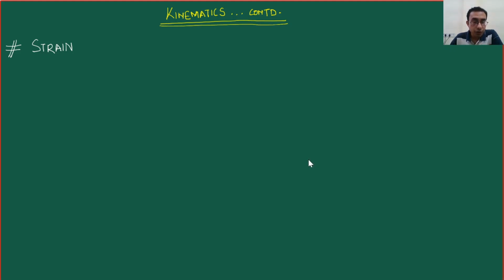So based on that fundamental definition, but posed within the framework that we have been developing till now in this kinematics chapter, we'll be able to generalize particularly the two-dimensional concepts of strain that you have been studying in your first year.